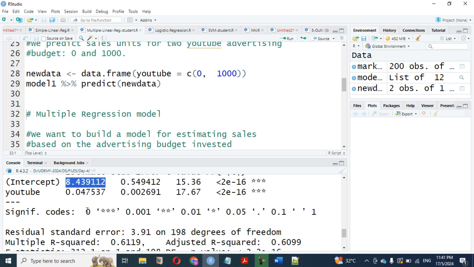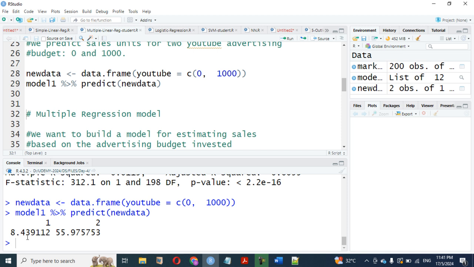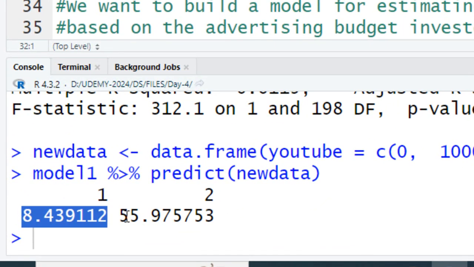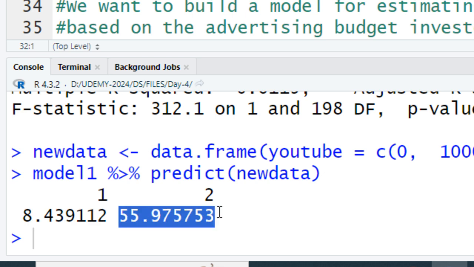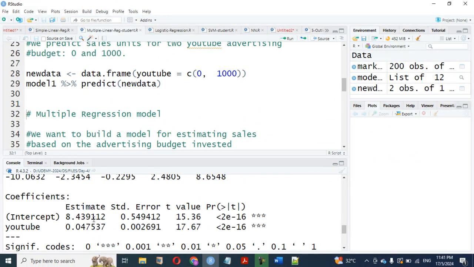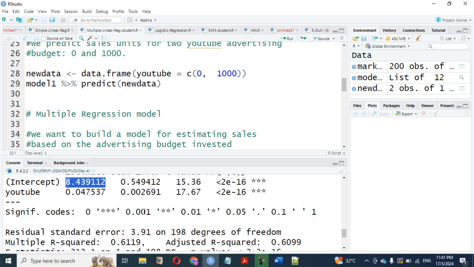But if you now have 1000 units, what we get is this. Okay, that's our estimate. If you are dealing with 1000 units of YouTube advertisement, we have this estimate of sales. So this is what changed from this value, which was just for 0 units. And it's still significant as well.